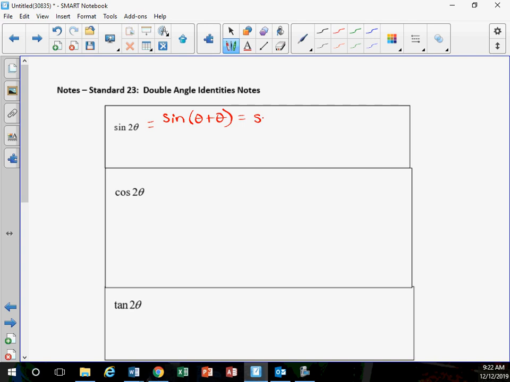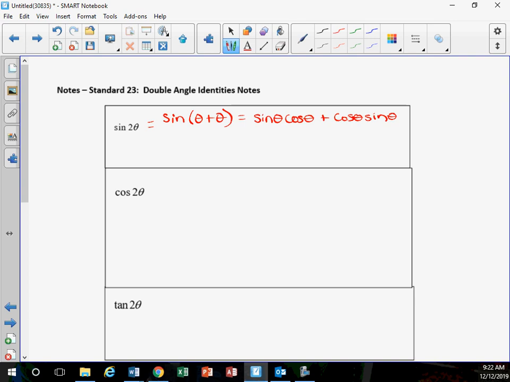Isn't it sine theta cosine theta plus cosine theta sine theta? Does that make sense using the formula you learned last time? It's just the angles happen to be the exact same thing. Well, what do you notice about both of those?